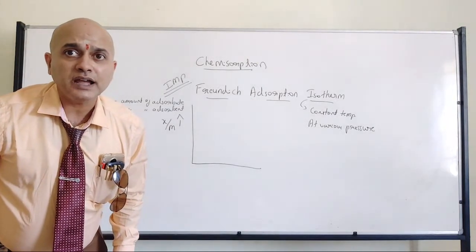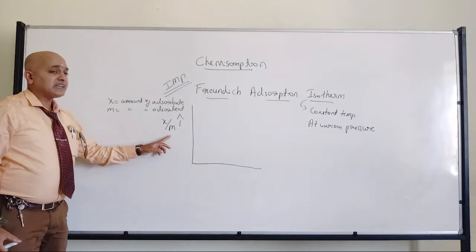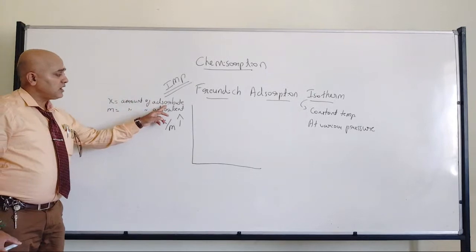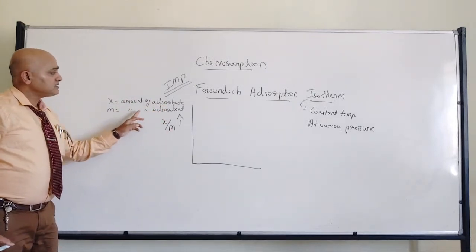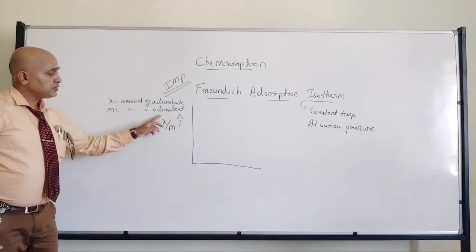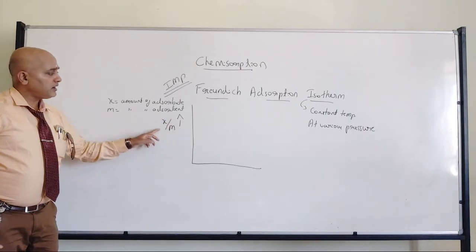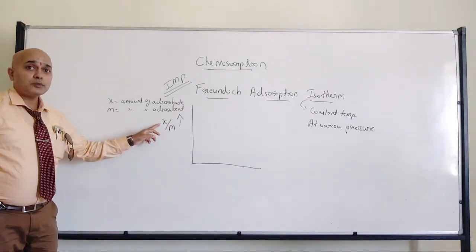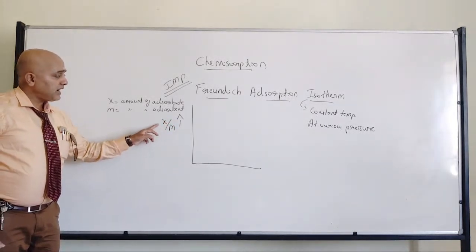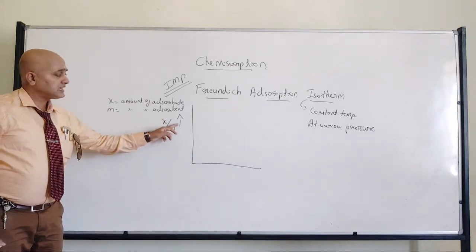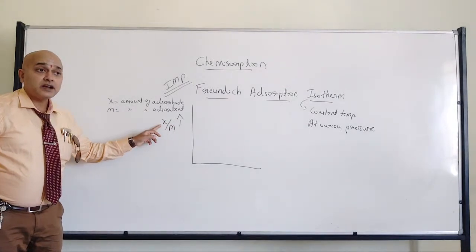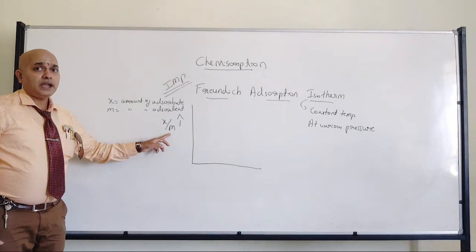All of you can see whatever I am writing on the board. So this ratio talks about the amount of adsorbate getting adsorbed to the adsorbent. Once again, the x by m value tells about the amount of adsorbate getting adsorbed to the adsorbent.